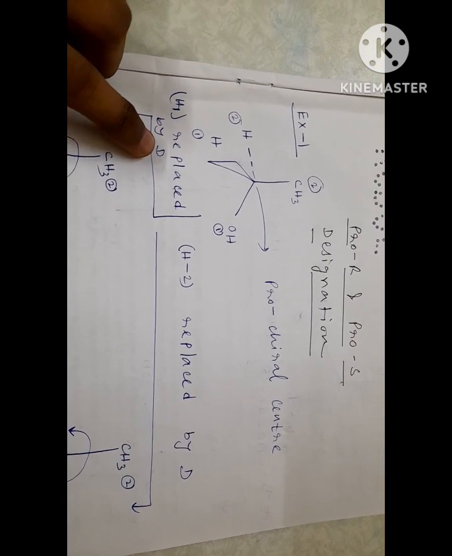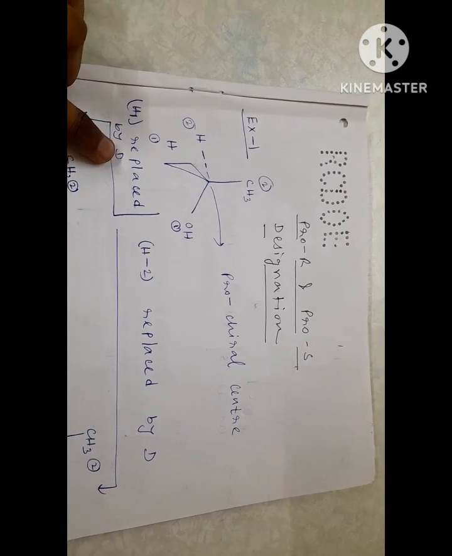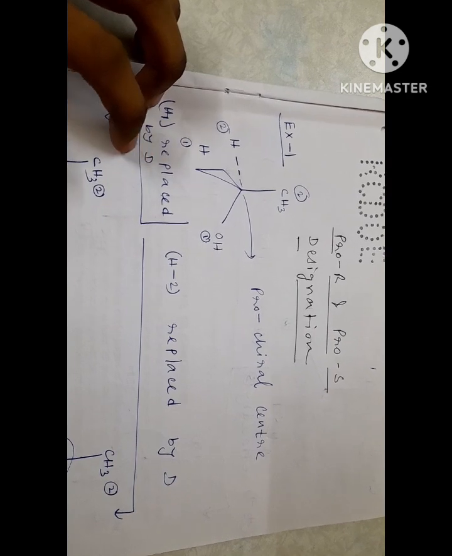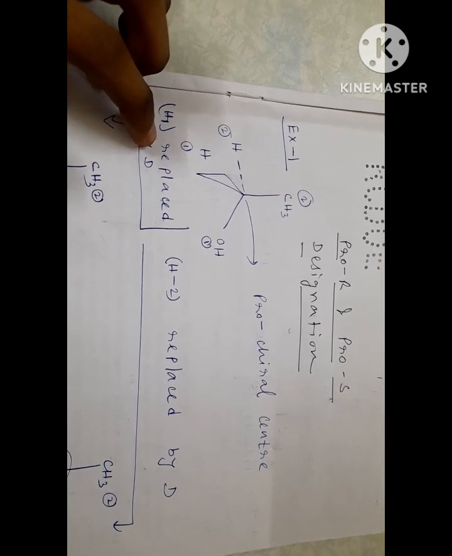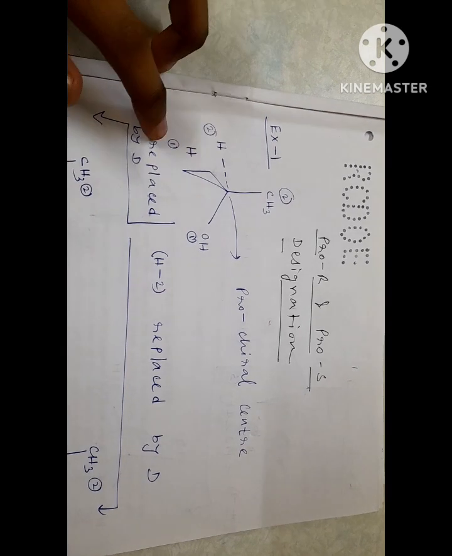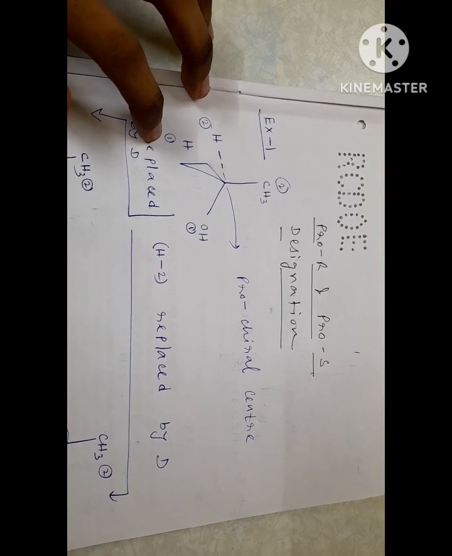I have considered deuterium because deuterium is another isotope of hydrogen. So I have considered deuterium in place of H1. So we determine whether these two hydrogen atoms are ProR or ProS.